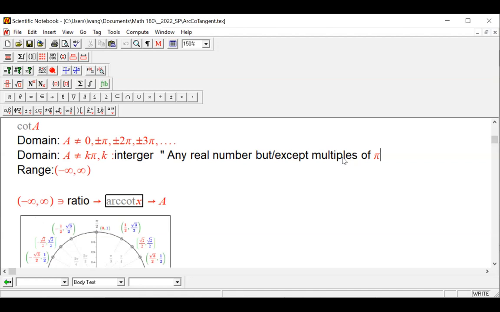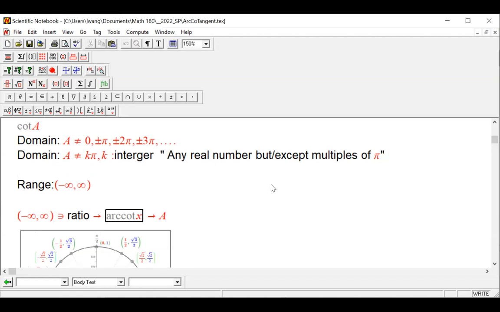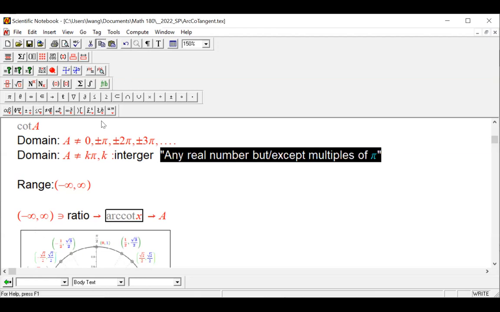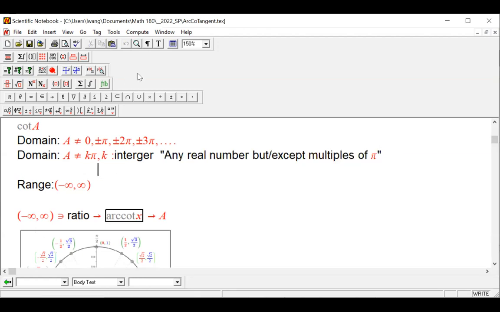So that's the domain for cotangent in words. And of course, you can also say in shorter terms, any real number but k pi, and k represents any integer.